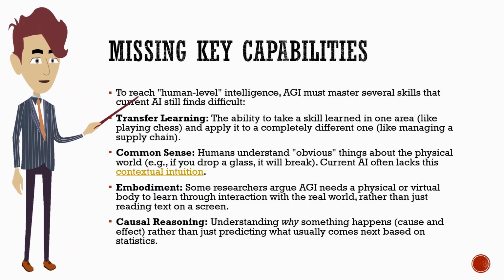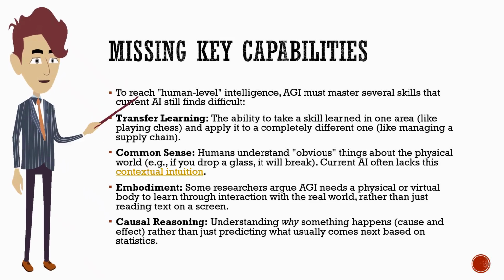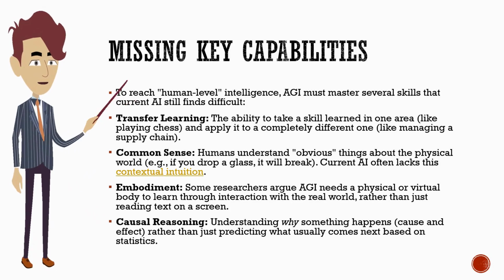But something which is totally different, which cannot be taught, but is very creative, that reasoning AI still needs to achieve. And that will be very crucial when it comes to AGI. So these are some of the missing key capabilities which AI will need to be successful at AGI.